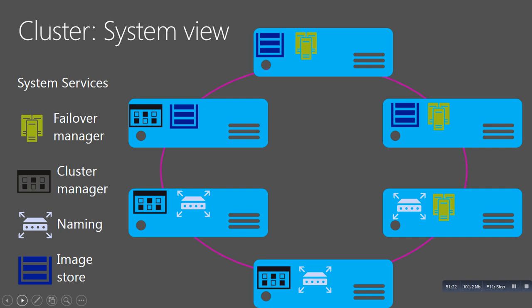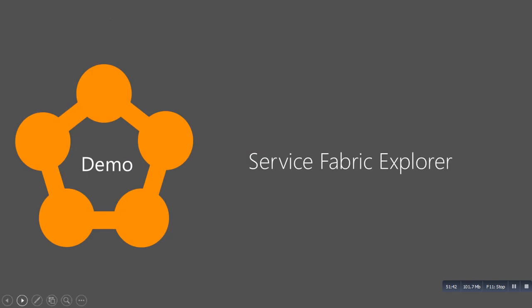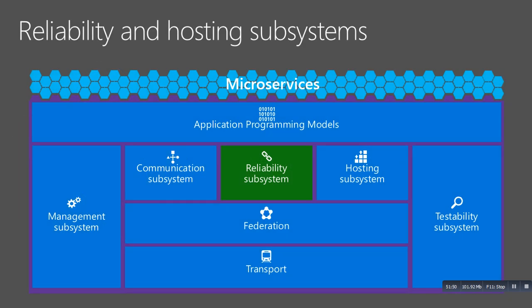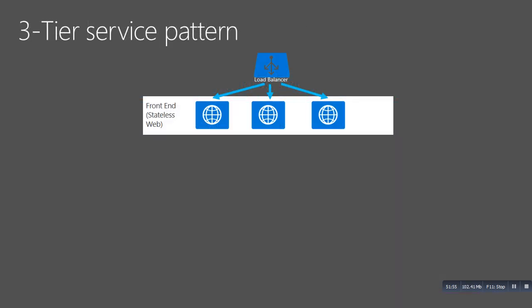So, yeah, I would like to explain Service Explorer and the reliability subsystem. Here, they are backed with a load balancer. For example, this is a front-end stateless web app, and they are communicating with individual stateless middle-tier microservices, which have their own subset of data store.